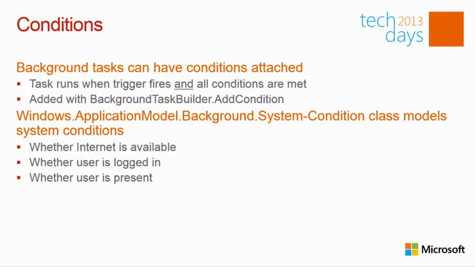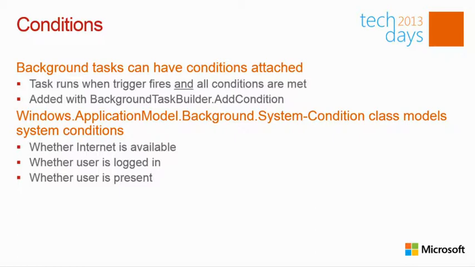So let's say maybe you're using a maintenance trigger to execute some code in the background every 15 minutes. But in your background task, you need a network connection because you're going to make a call out to a web service somewhere. And if there's not a network connection available at the moment, you don't even need to run the task because there's nothing useful you can do.